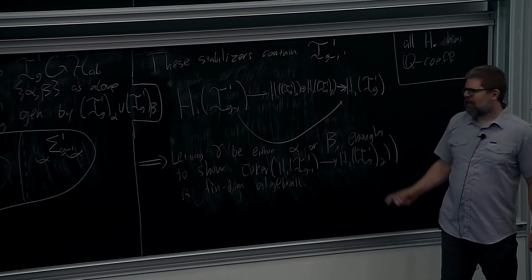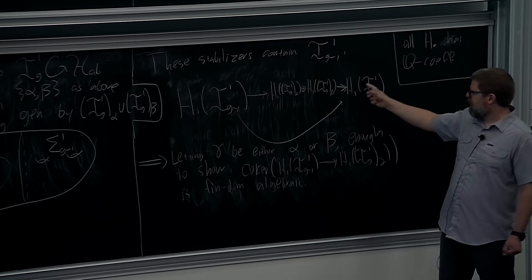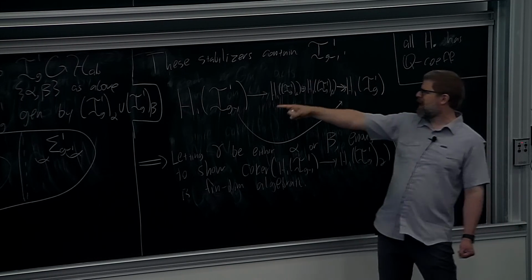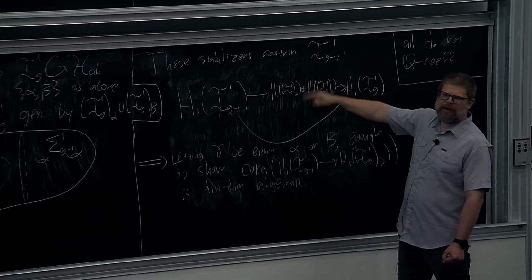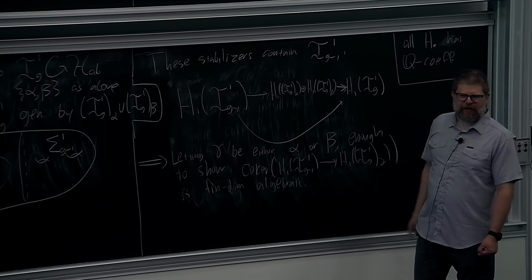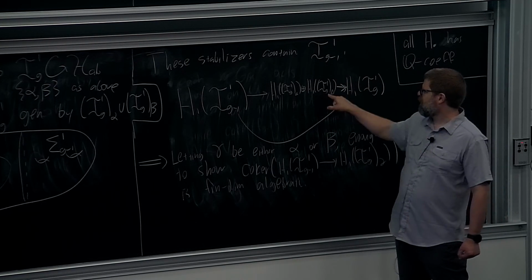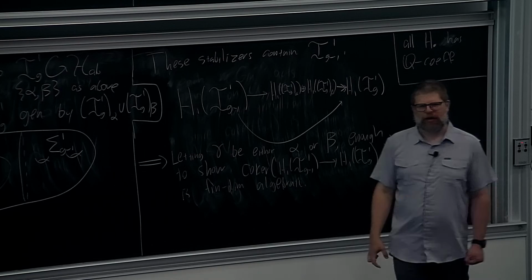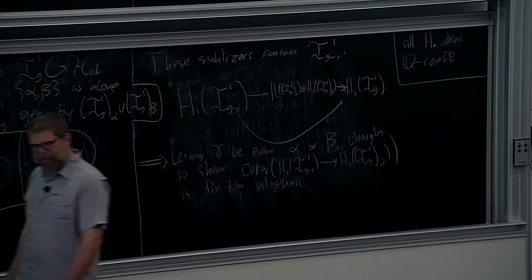Okay? Because in taking the co-kernel, I'm killing off the image of this. That kills off the same image in both of these, right? Because they're the same. And so I just have to show that what's left is finite dimensional algebraic, and there's a piece from this and a piece from this, and I have to show that they both work. Okay?